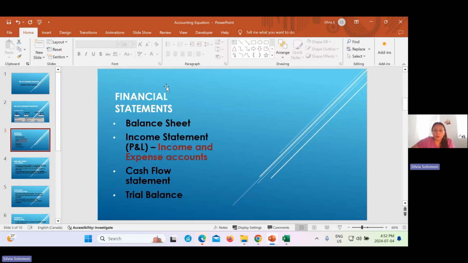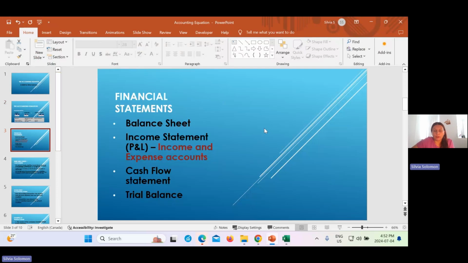And remember, we've seen the balance sheet, which is actually the detailed version of the accounting equation. And I also said another very important statement is the income statement, or profit and loss.